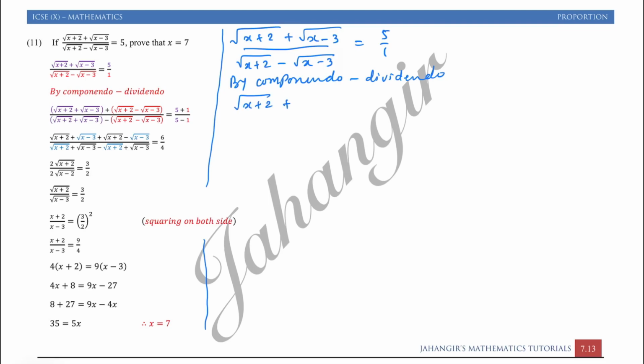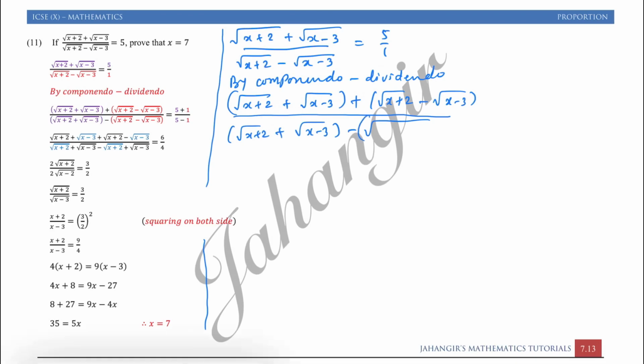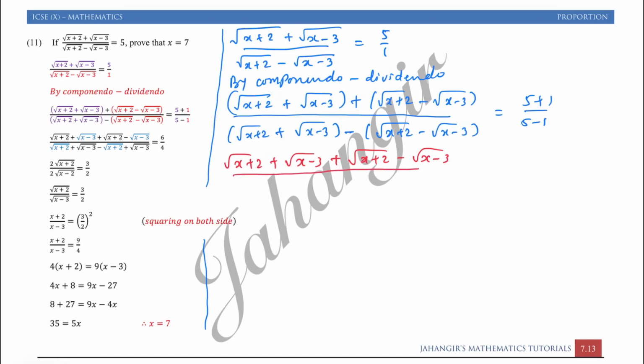Root of x plus 2 plus root of x minus 3 plus root of x plus 2 minus root of x minus 3, whole upon root of x plus 2 plus root of x minus 3 minus root of x plus 2 minus root of x minus 3, is equal to, on the right side I can write 5 plus 1 upon 5 minus 1. So here you have to open the bracket.